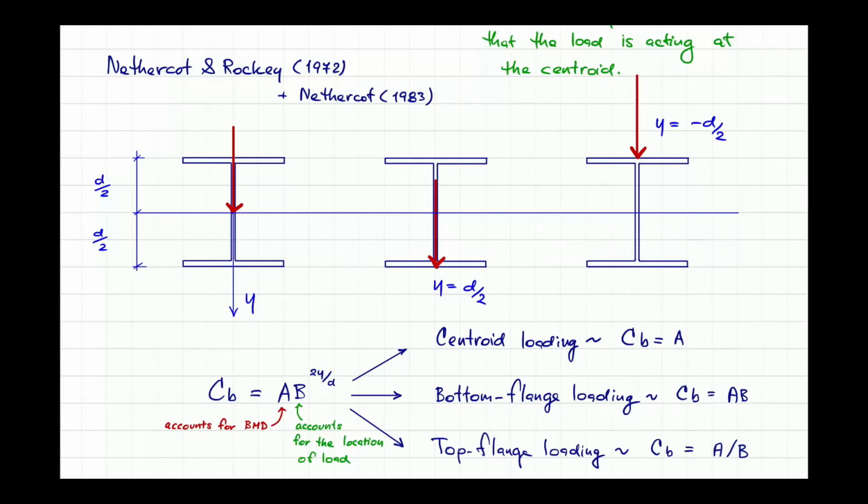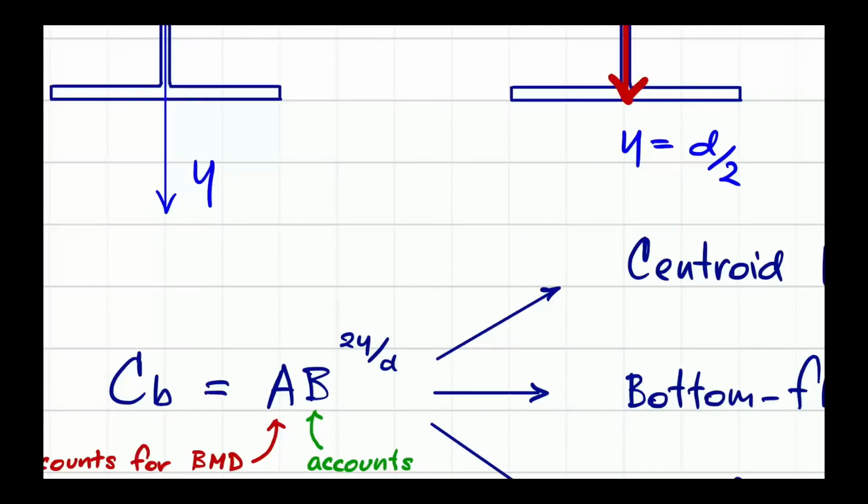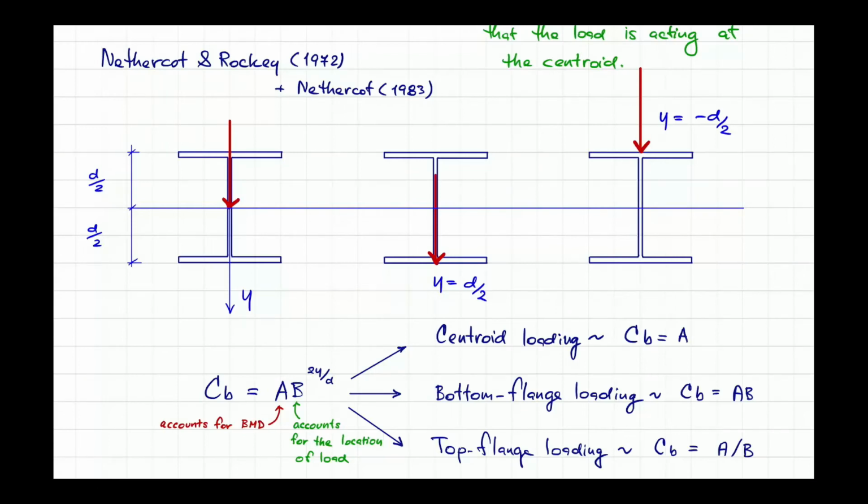Bottom flange loading, if it is right at the bottom flange, then you substitute Y being D over 2. Y being D over 2, then that cancels out everything for the power of the B. So you end up with just AB. And if you have the top flange loading, then the power here turns out to be -1.